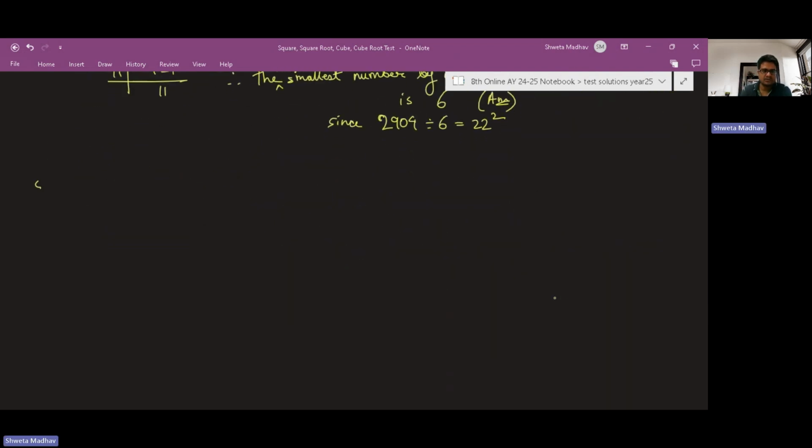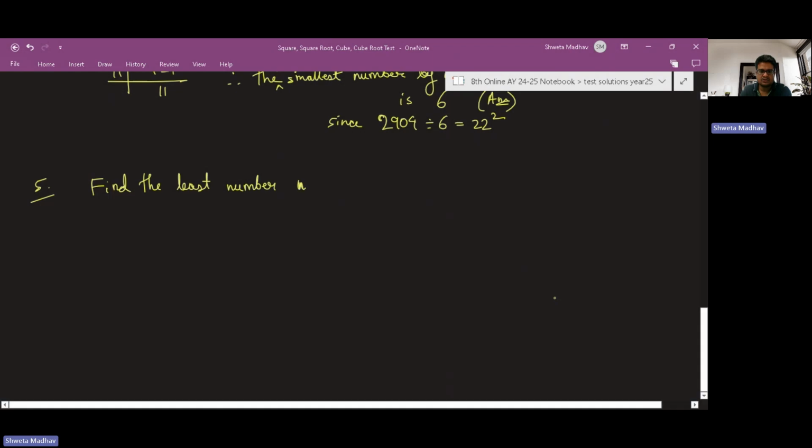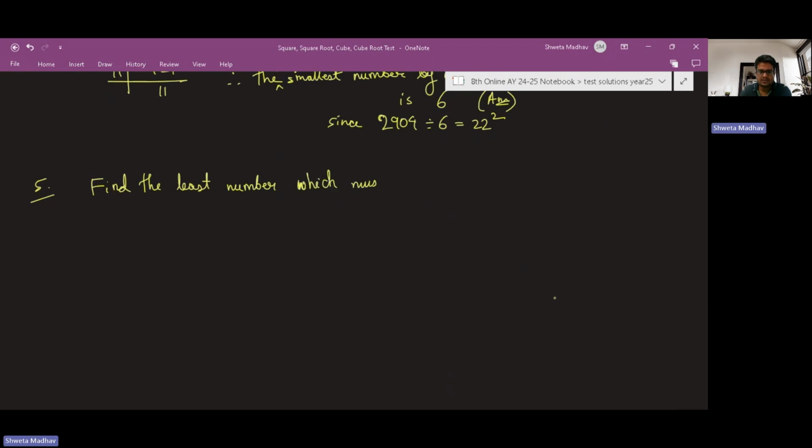Then question number 5. It has been told, find the least number which must be subtracted from the following number, 2361, to make it a perfect square.